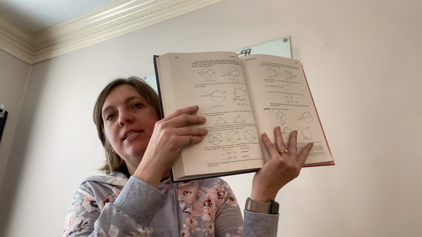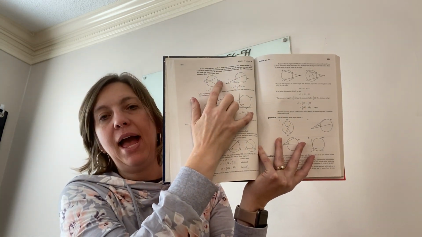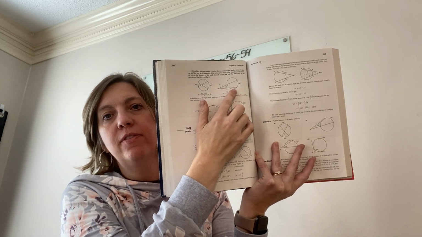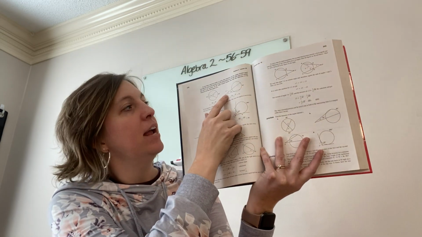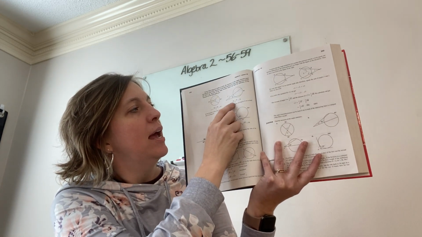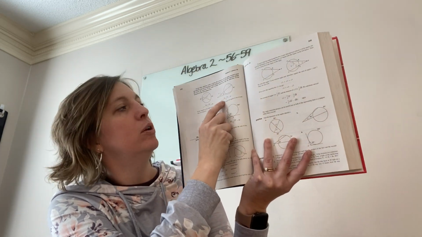So does everybody see? I'm looking for the first one we did here, and we added those two arcs and divided by 2, and that's the interior. But over here, because this is an exterior angle, then you take 80 minus 40, and that is 40 divided by 2, and that exterior angle would be 20.